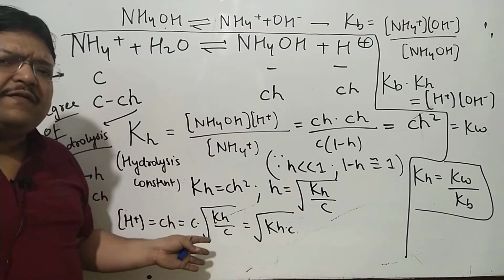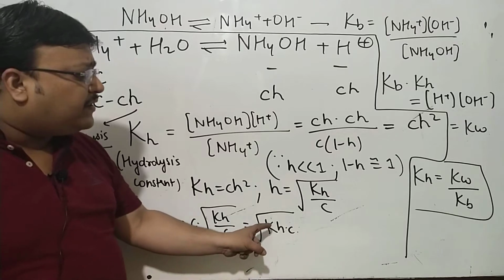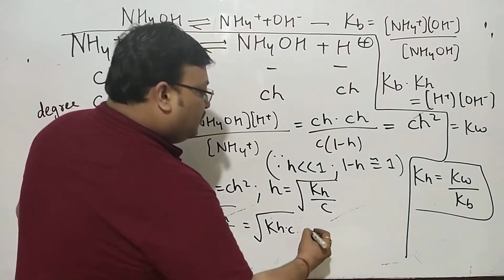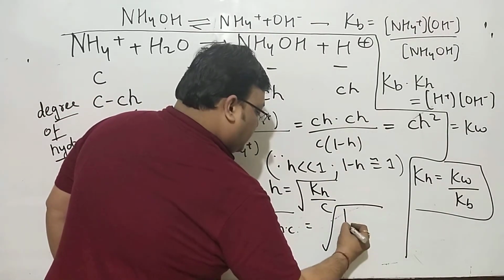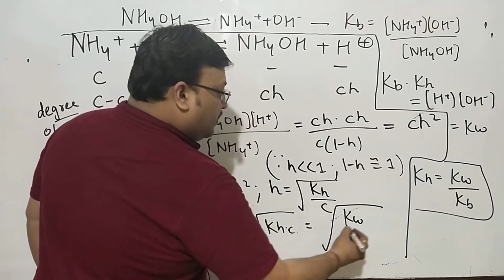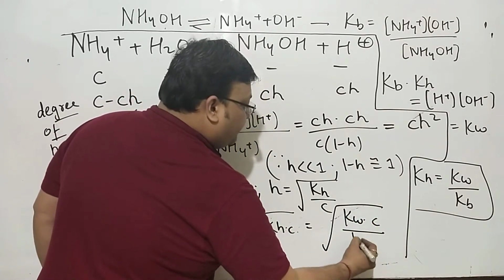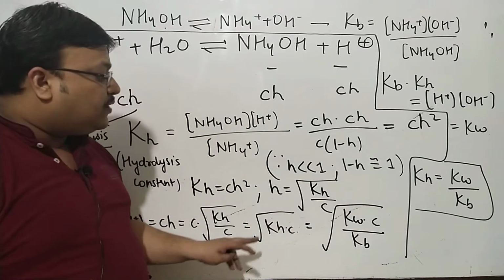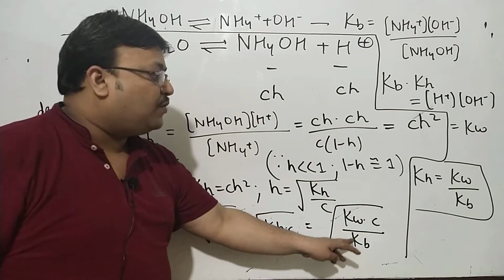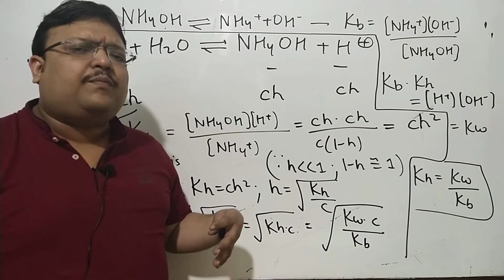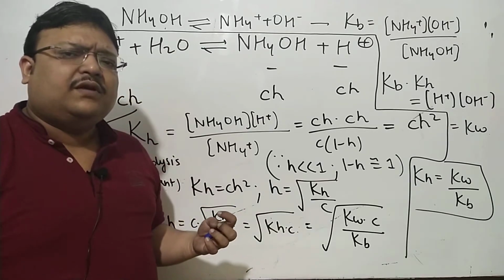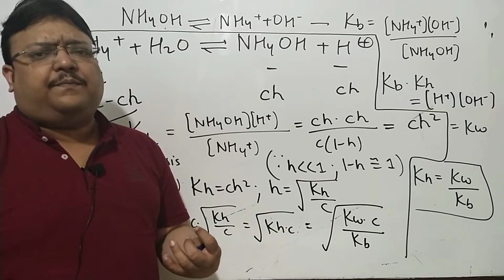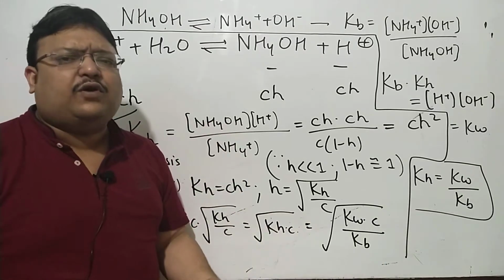Certainly these expressions are familiar, and I am going to replace this Kh, so H plus is root of Kw into C upon Kb. So this is what we need to do. We are going to replace Kh with Kw upon Kb because we will not want more constants to be learned. We have a list of Ka, Kb already.